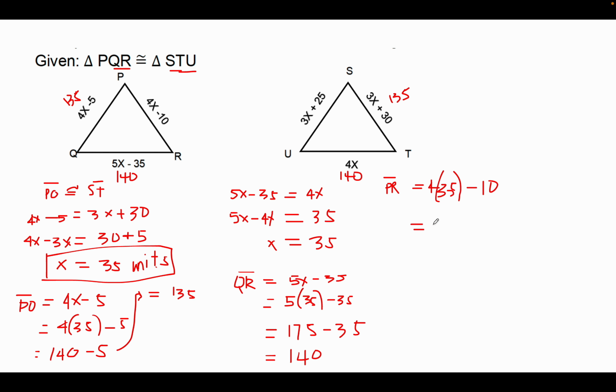So 4 times 35 is 140, minus 10 is equal to 130. So therefore, this is 130 and this is also 130. Do you follow? Nakuha na sundan, class?